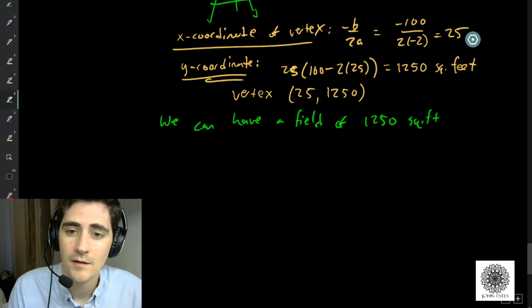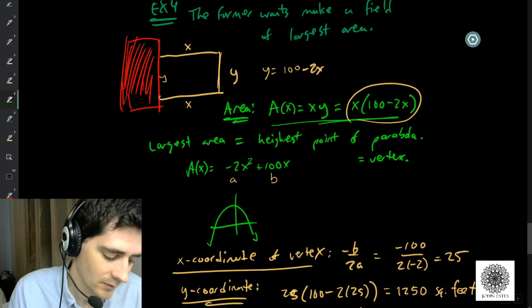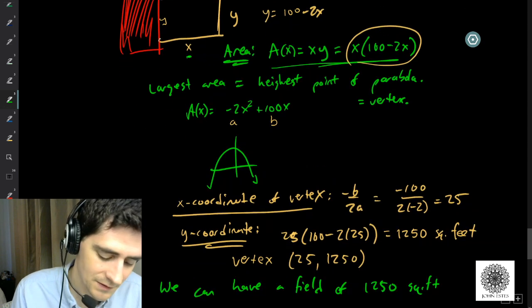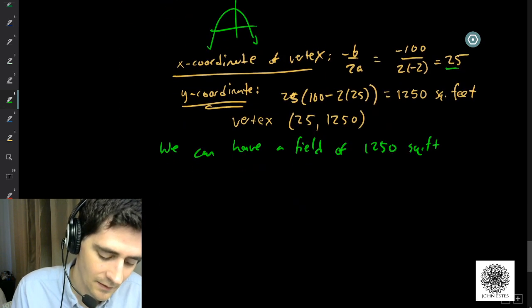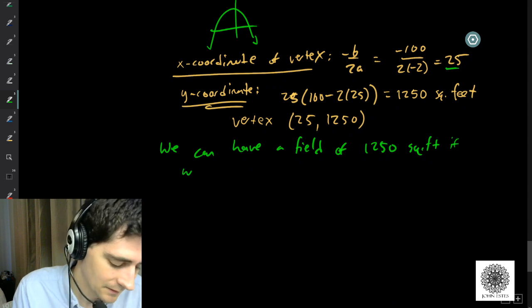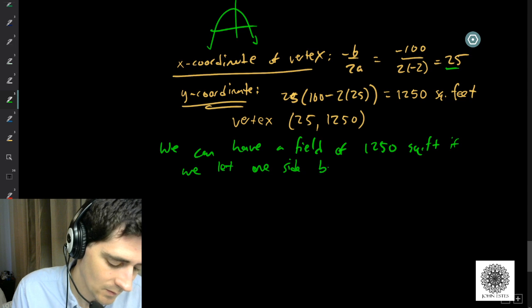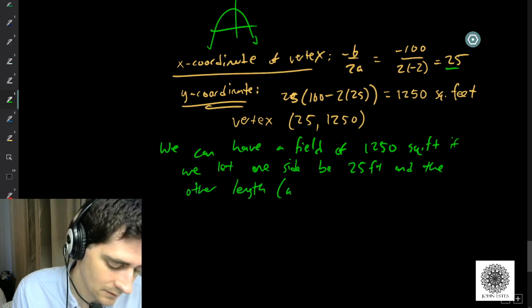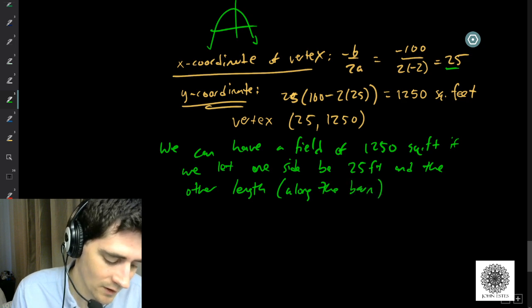And what are the dimensions of it? Well, we found x. The x of that vertex was 25. If we let one side be 25 feet, the other length along the barn, that was my y.